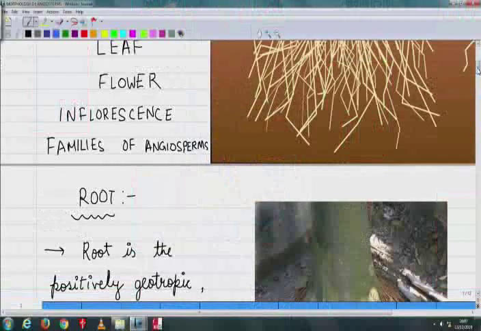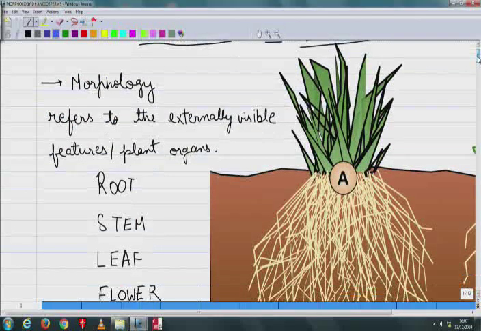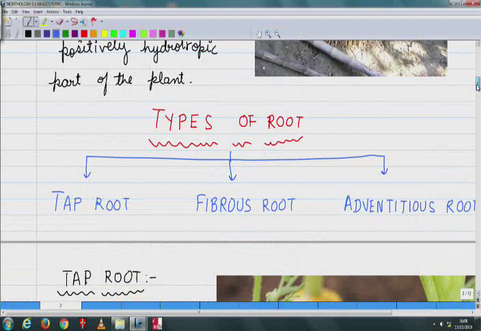First of all, what was root? I told you that root is a positively geotropic, negatively phototropic, positively hydrotropic system. And root is basically of three types: tap root, fibrous root, and adventitious root.